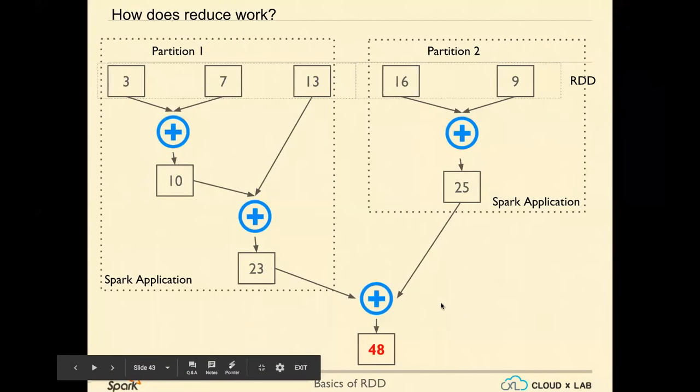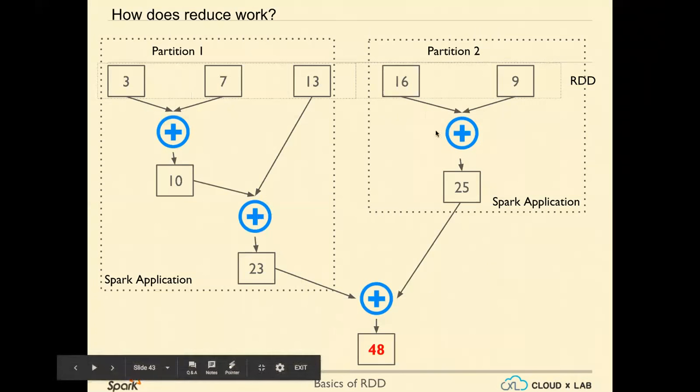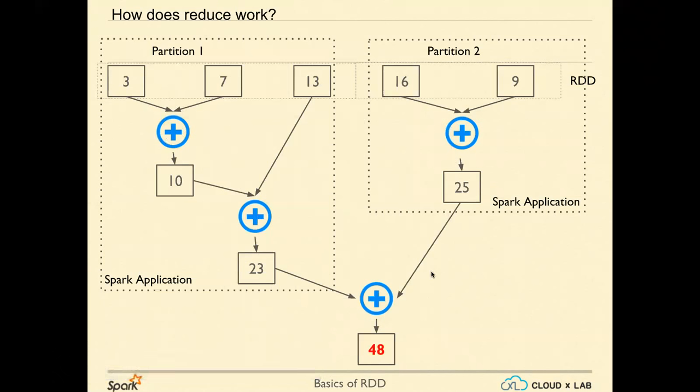So generally, if you have n elements in your RDD, the total number of times your function is going to be called is n minus 1. N minus 1, right?